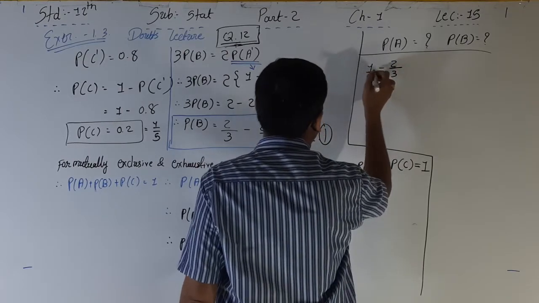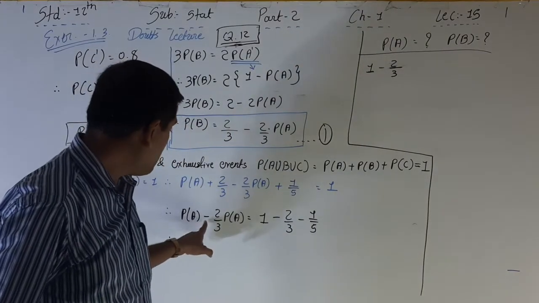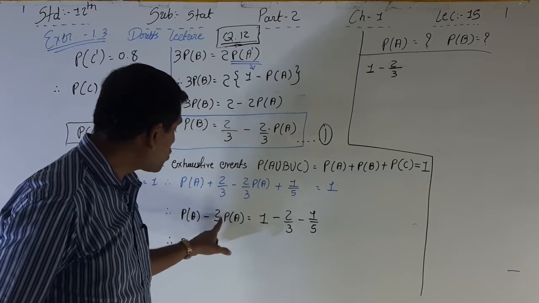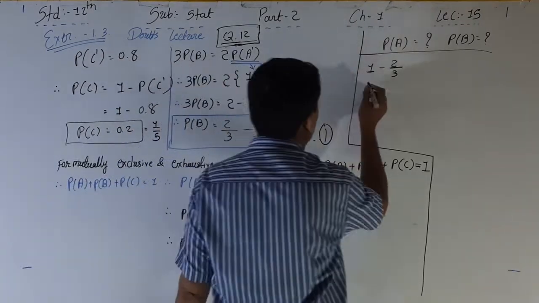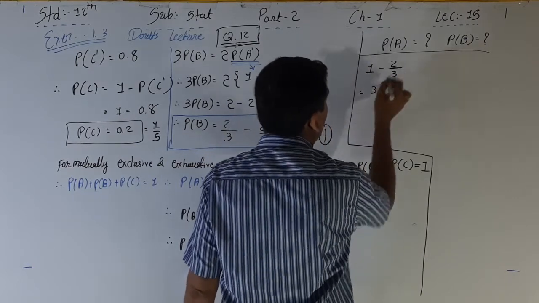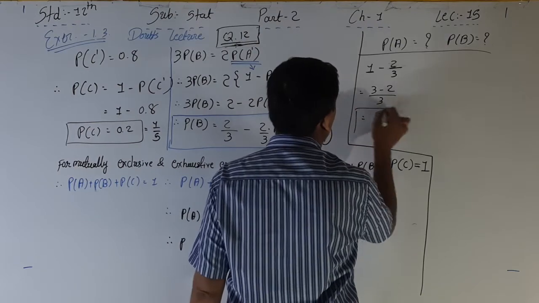What is that? See, this is P of A is equal to 1 minus 2 by 3 P of A, 1 minus 2 by 3. What is the answer? See here, we have to write down 3 minus 2. 3 ones are 3, minus 2 upon 3, that is 1 by 3.